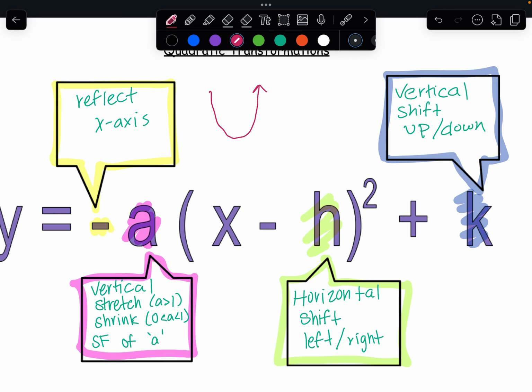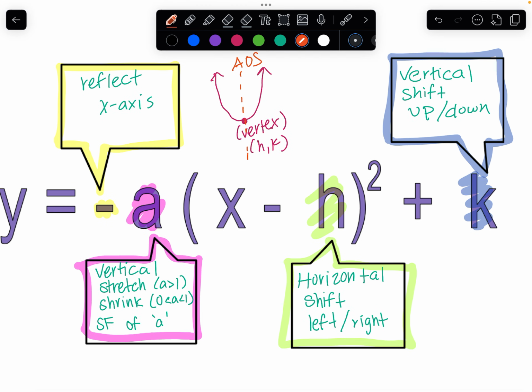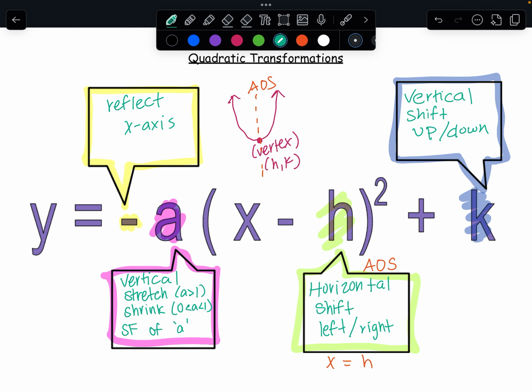Okay, I'm going to add a couple things. We have our graph that looks like this. We have our vertex, which is h comma k. We have our axis of symmetry, which is our AOS, x equals h. And then we can find our range with our k value.